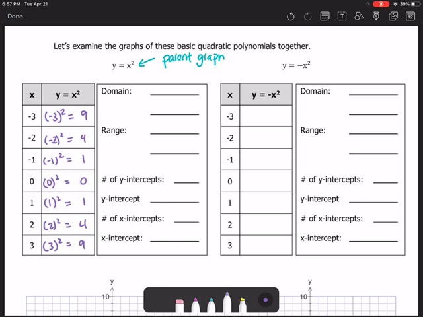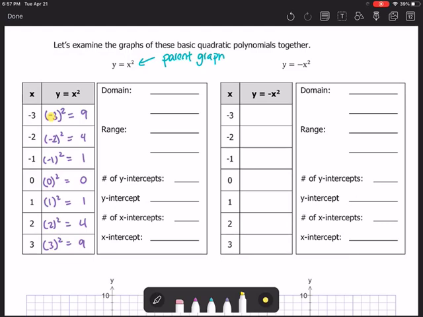Notice that when I started plugging these guys in, I always put my value inside brackets. I do that as a habit, especially when I have negative numbers, just to make sure that that negative is also being squared. It's that whole value -3 that's being squared.